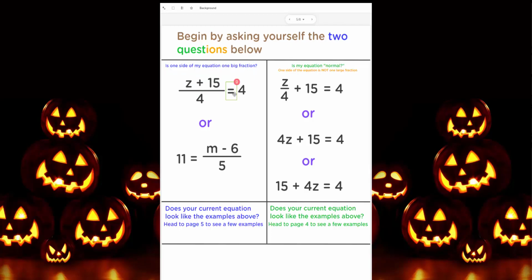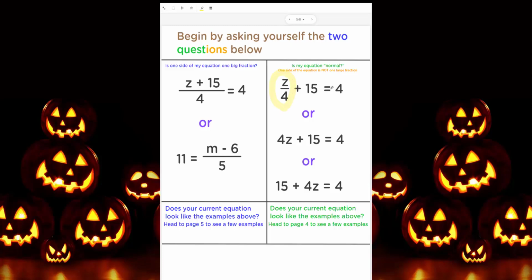Do we see in this equation here how all of this right here on the left side is one big fraction? Over here, the right side of the equation is one big fraction. These equations work a little bit differently from the ones here on the right, which are probably the ones that you are used to working with.